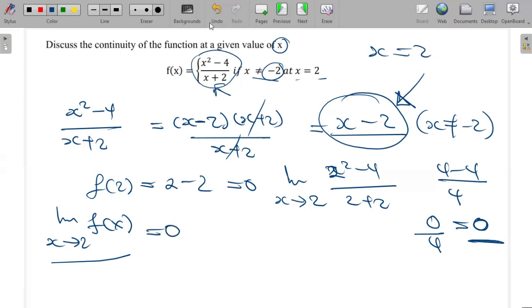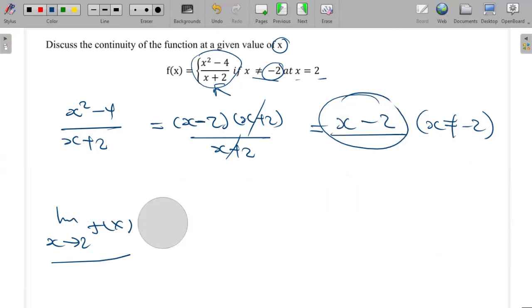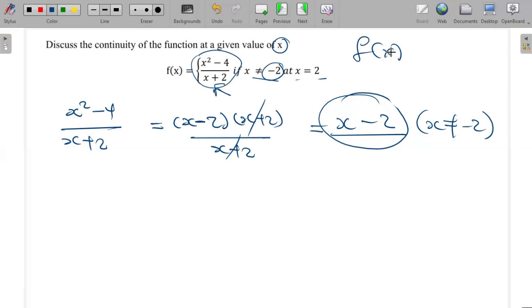I don't know if that's clear, or maybe let me re-explain. Okay, so we've said, first of all, it's defined. So the conditions are it must be defined, first of all, at that point. So at the point 2, we've checked, after replacing here, that the function is 0.